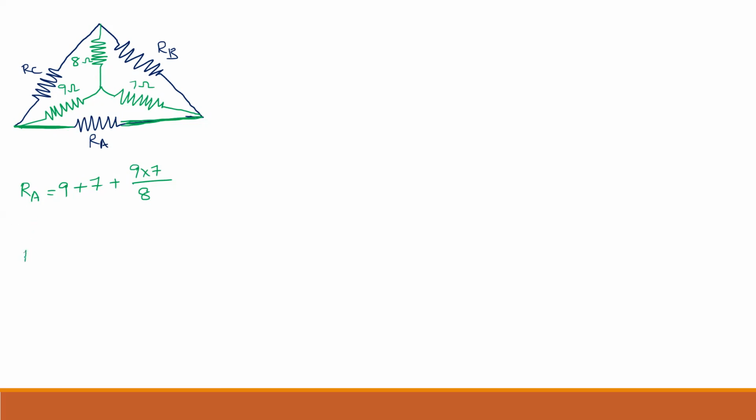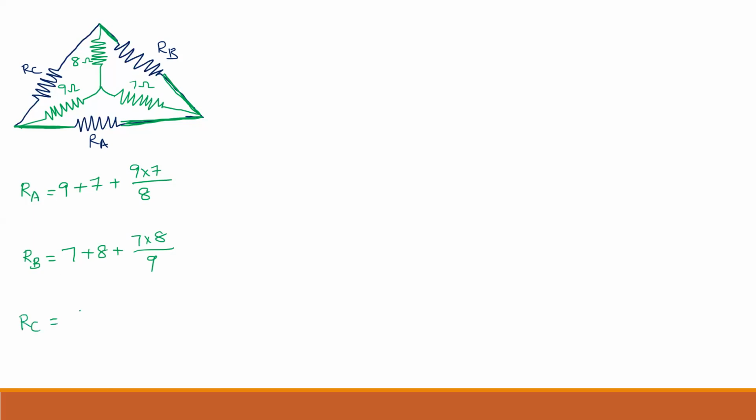Similarly, if you see RB, how are you going to write that formula? If you come from one side, you will get 7 ohm. If you go another side, you will get 8 ohm. Along with these two people, you played cricket with the opposite person: 7 into 8 by 9.